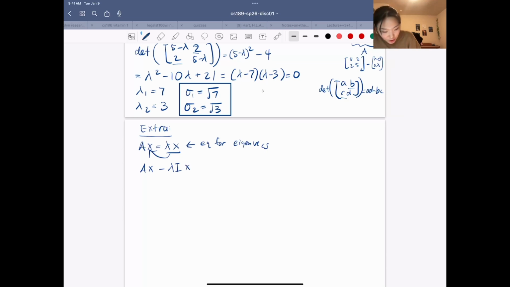This I doesn't actually change anything because it's an identity. And we set this equal to 0 because we moved it to that side of the equation. Okay, and so now we get A minus lambda I times x equals 0.